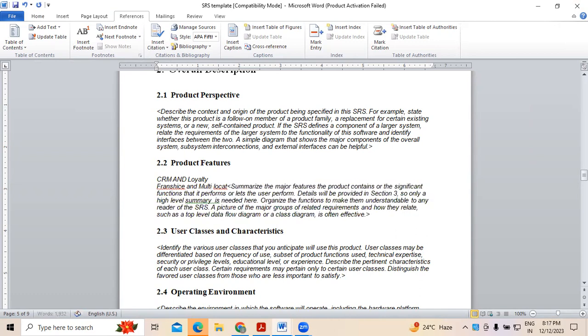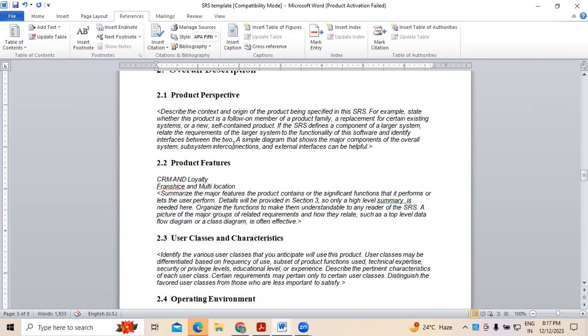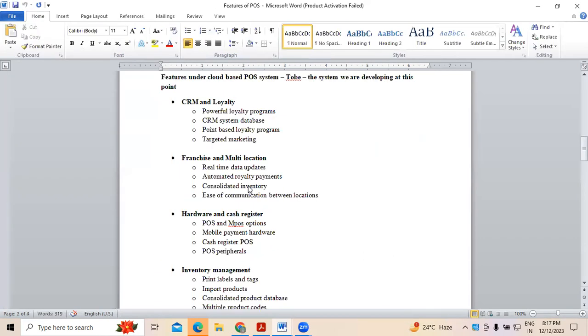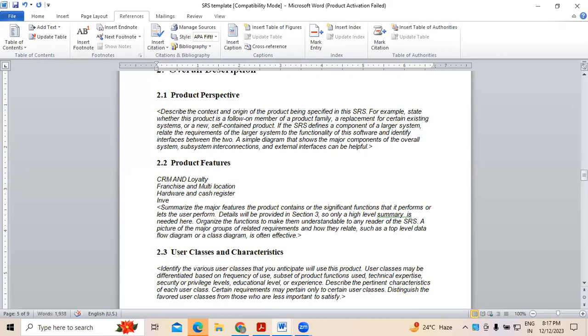This can be one feature. Next, hardware and cash register. Next, inventory management system.